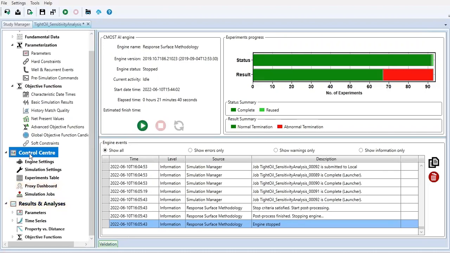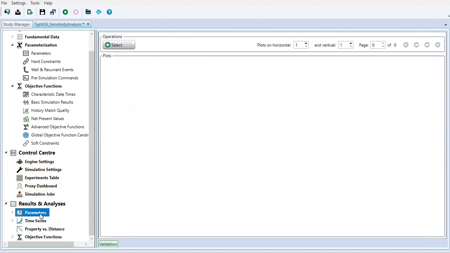And then from the control center, we can go to parameters. By the way, under result and analysis, we have parameters, and then time series, property versus distance, objective function.